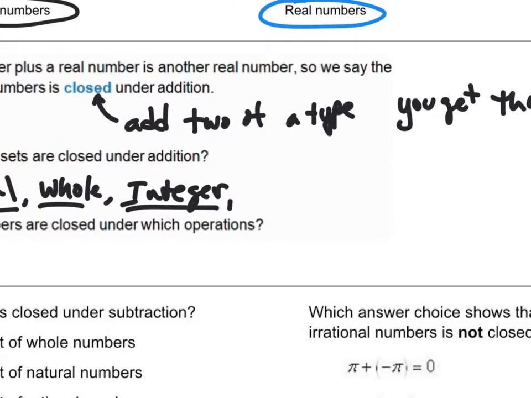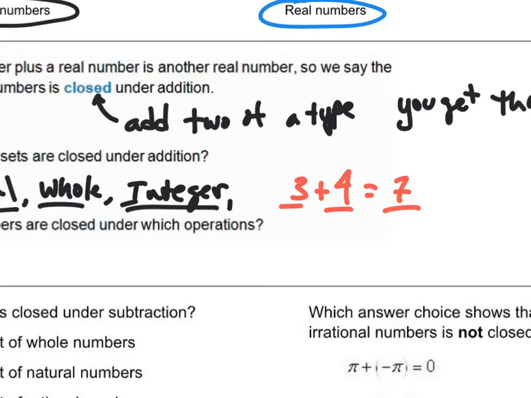And the reason is this: if I were to take a natural number like, say, 3, and add another natural number to it like 4, I get 7. 3 was a natural number, 4 is a natural number. If I add those two together, I get a natural number as a result.